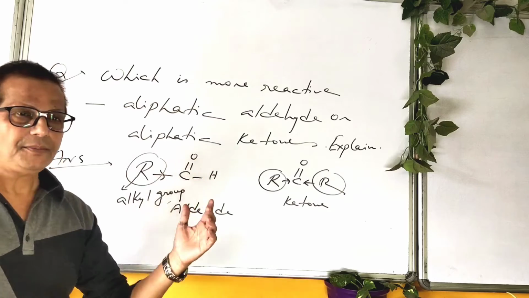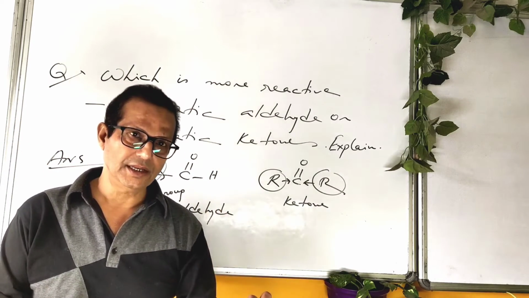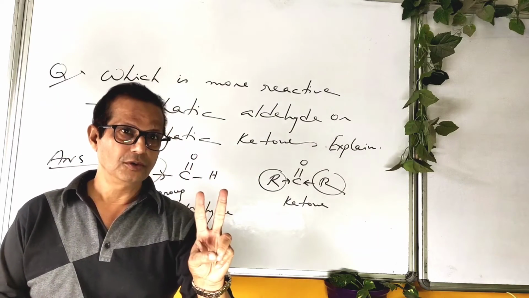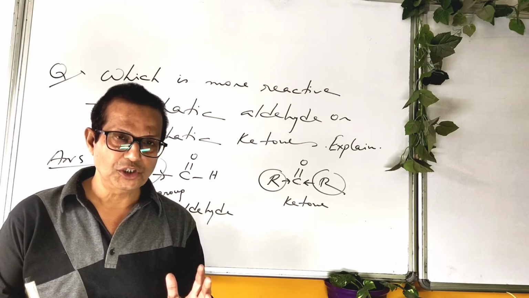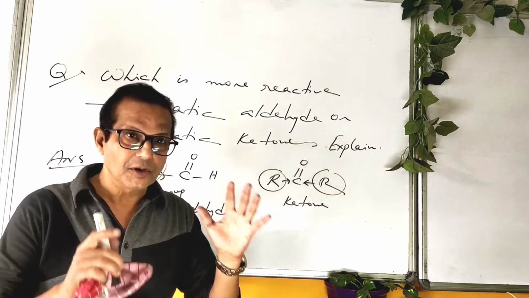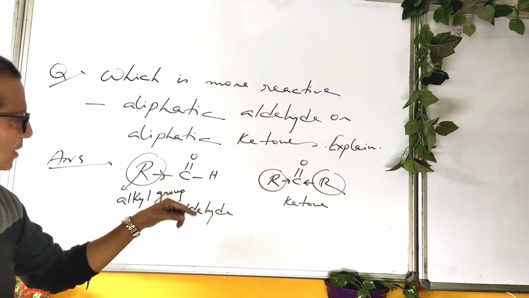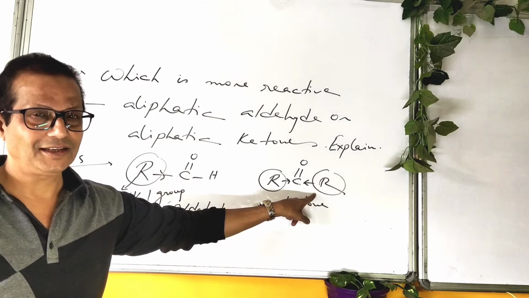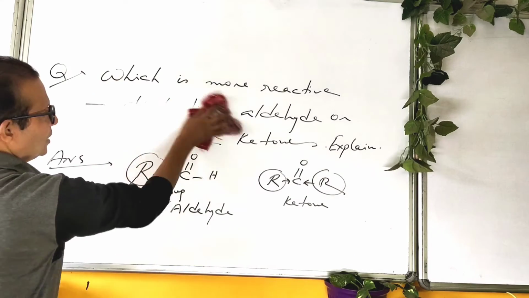So, you know that the presence of an electron donating alkyl group decreases the reactivity. Obviously, the presence of two electron donating alkyl groups decreases the positive charge on the carbonyl carbon more than this. So we can conclude that aldehydes are more reactive than ketones. I think it's clear. So let's write the answer, okay? I will write the answer here.